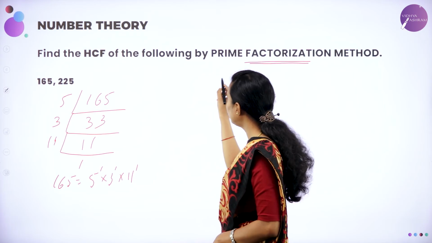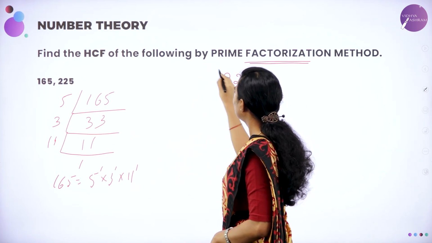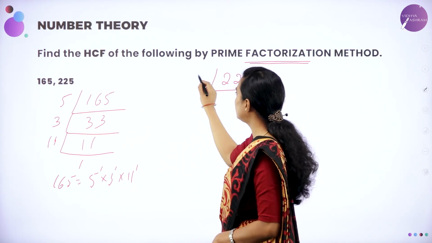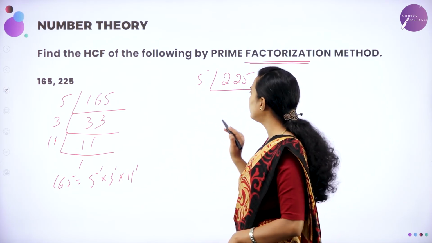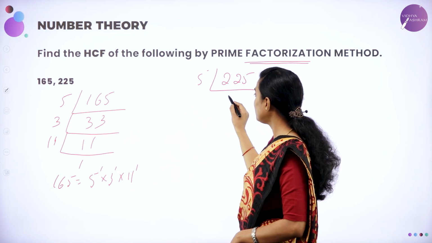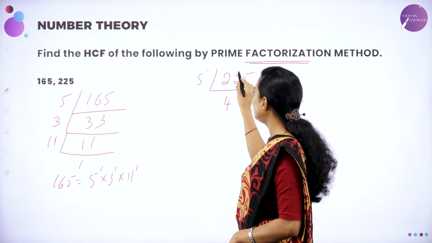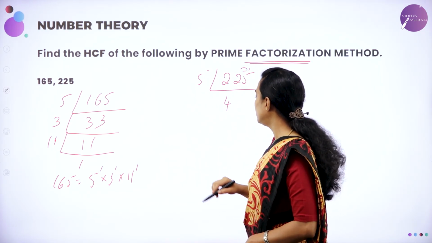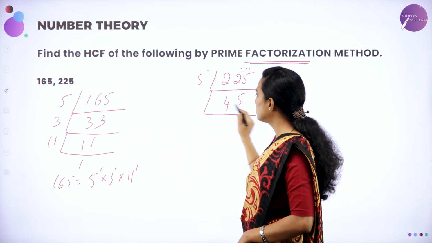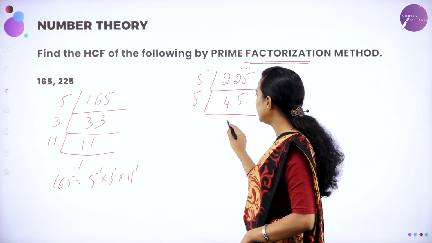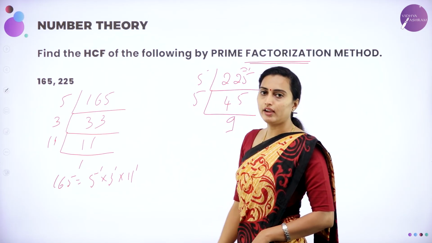So next you are going to have 225. 225 is divisible by 5. 2 cannot be divided, so we take 22. 5 fours are 20. Again 2 is a carry over here. 25. So again 5 fives are 25. Again 5 nines are 45, correct?